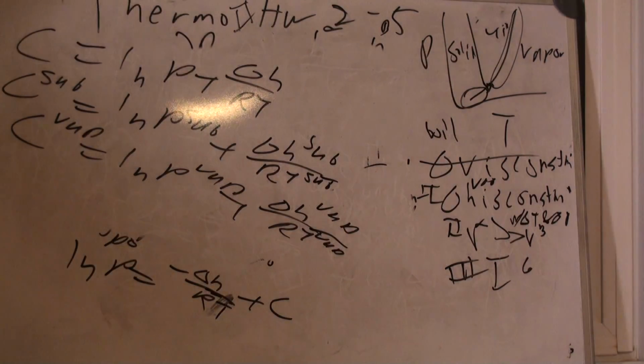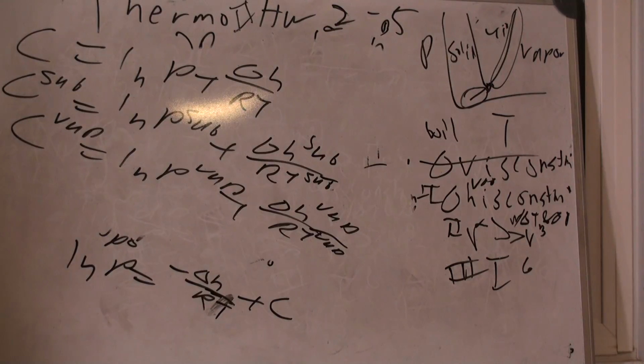So now that I have the constants, well, that still doesn't tell me the triple point. If I did this as a definite integral, I'd still have those two unknowns, but I have two equations, so it's okay.